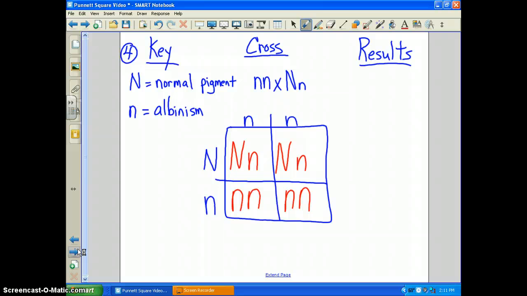Now let's figure out our results. Remember, each square has to add up to 25, and the total has to be 100%. Results are always in percent. Don't forget to mark it percent. Okay, so it looks like I have 50% normal pigment.